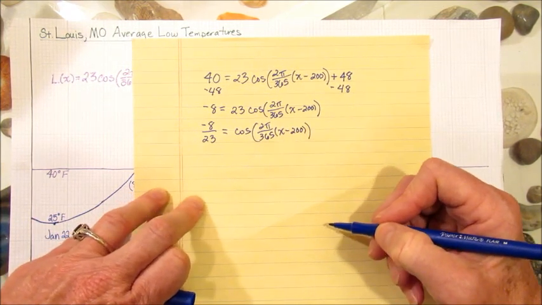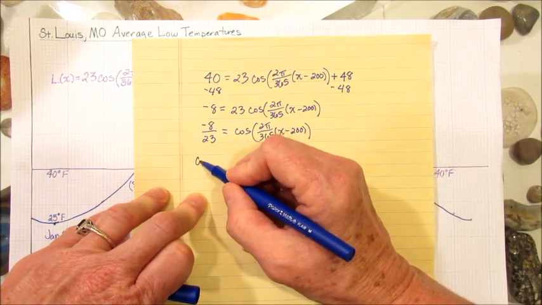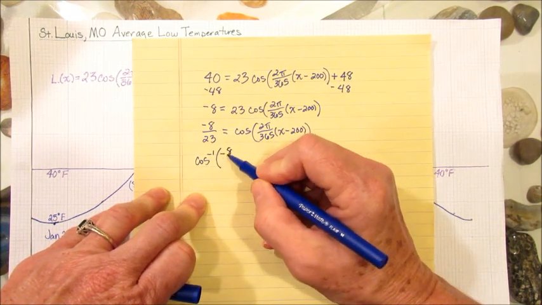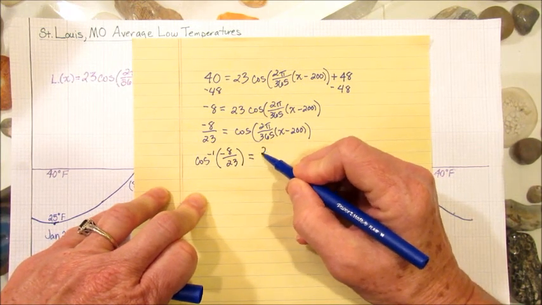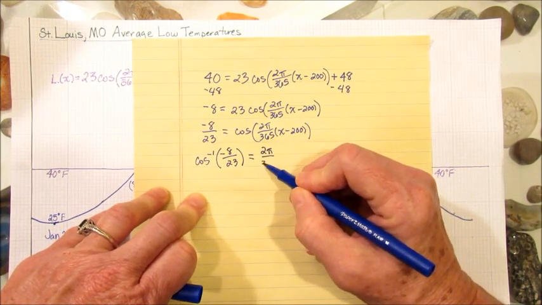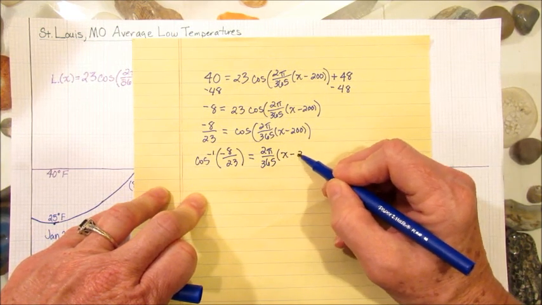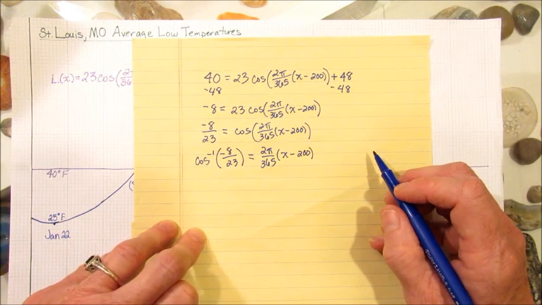And then I'm going to undo cosine by using inverse cosine. So inverse cosine of negative 8 over 23 is going to equal what was inside of the cosine, which is 2 pi over 365 times the quantity x minus 200.